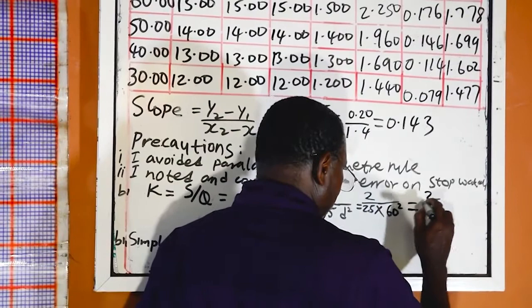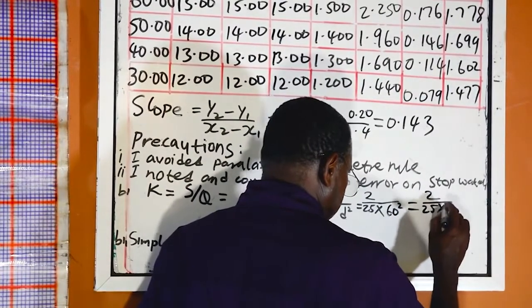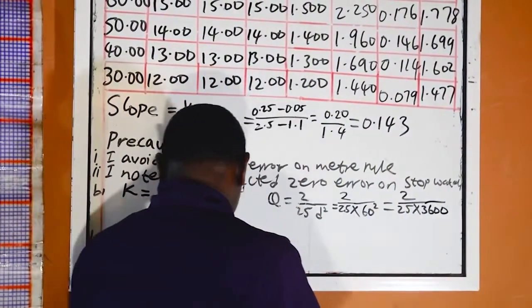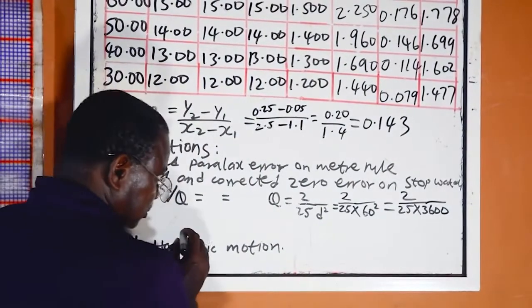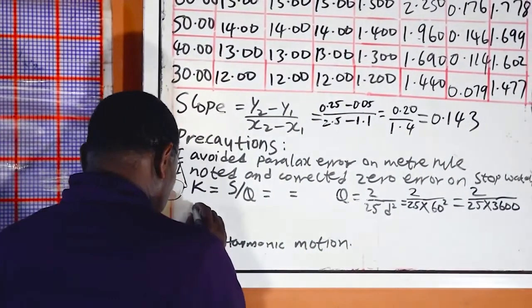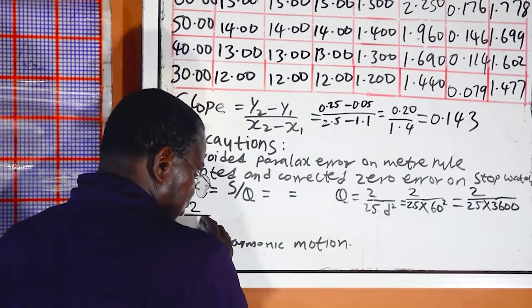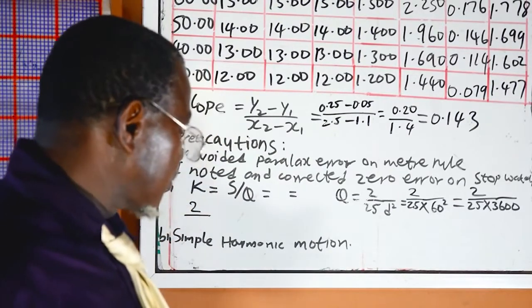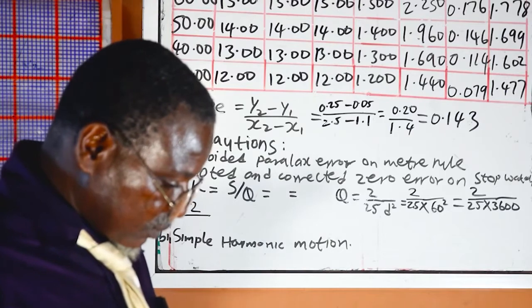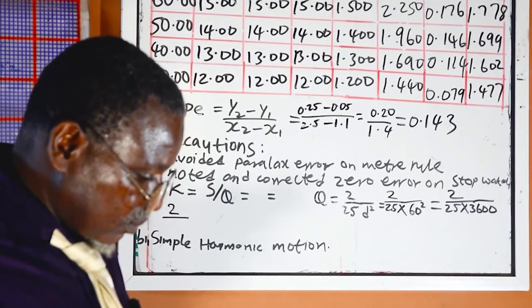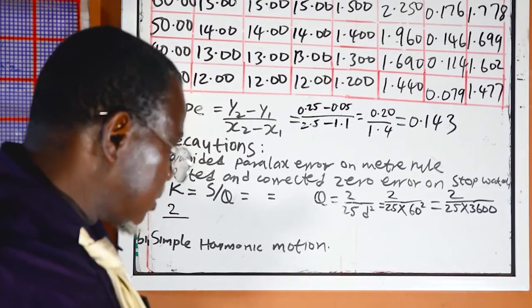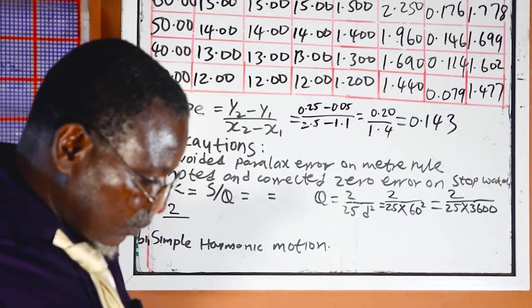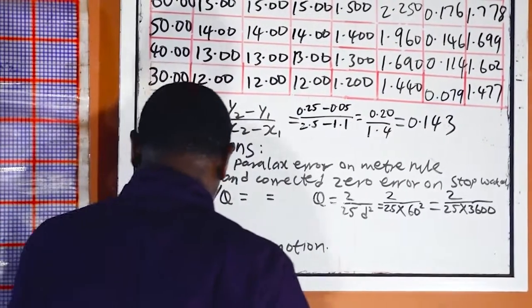So this one will give us 2 over 25 times 60 times 60, which is 3,600. So this gives us 2 over 25 times 3,600, which is equal to 90,000.